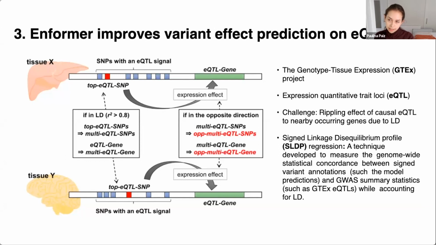One technique that has been used to get around the linkage disequilibrium noise is to measure the genome-wide statistical concordance between signed variant annotations, such as the model predictions, and GWAS summary statistics, such as the ones provided by the GTEx project. And this accounts for linkage disequilibrium.